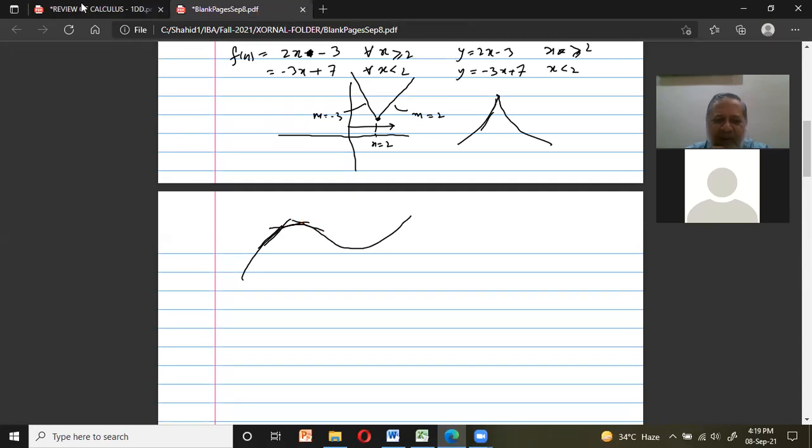So the slope of the tangent line is not changing abruptly, it is changing smoothly. So the word smoothness is used. For continuity, connectedness: continuity, graph connected. Derivability, graph smooth.